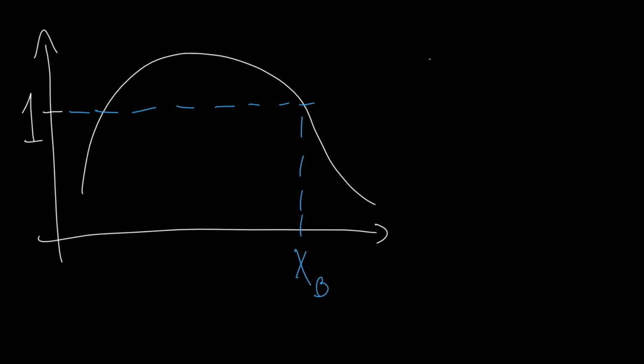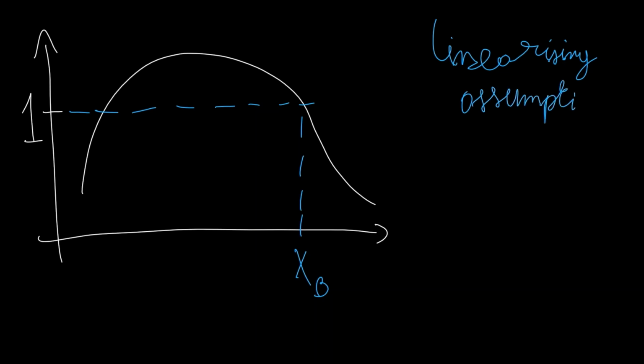To do this, we need to use the famous linearizing assumption, which tells us that in small displacements around the point XB, we can assume that r behaves in a linear fashion.